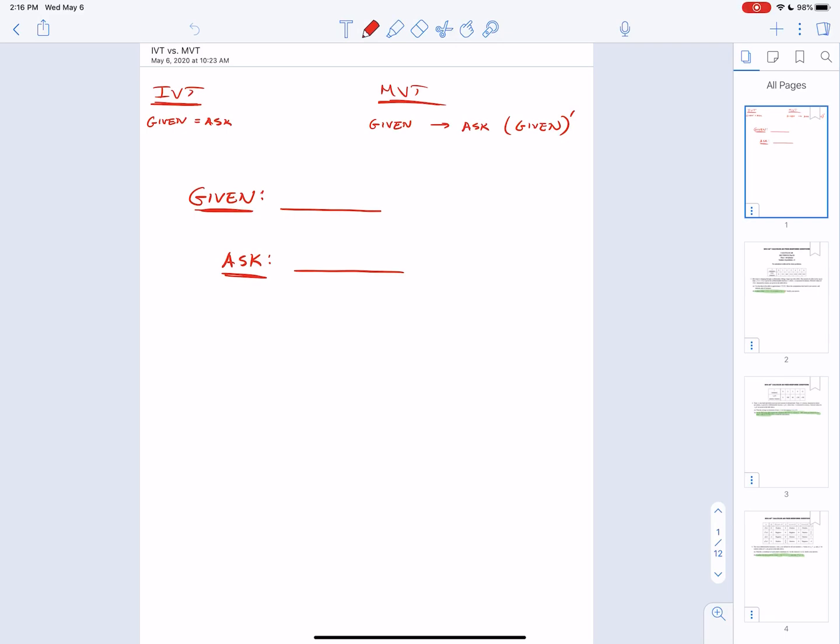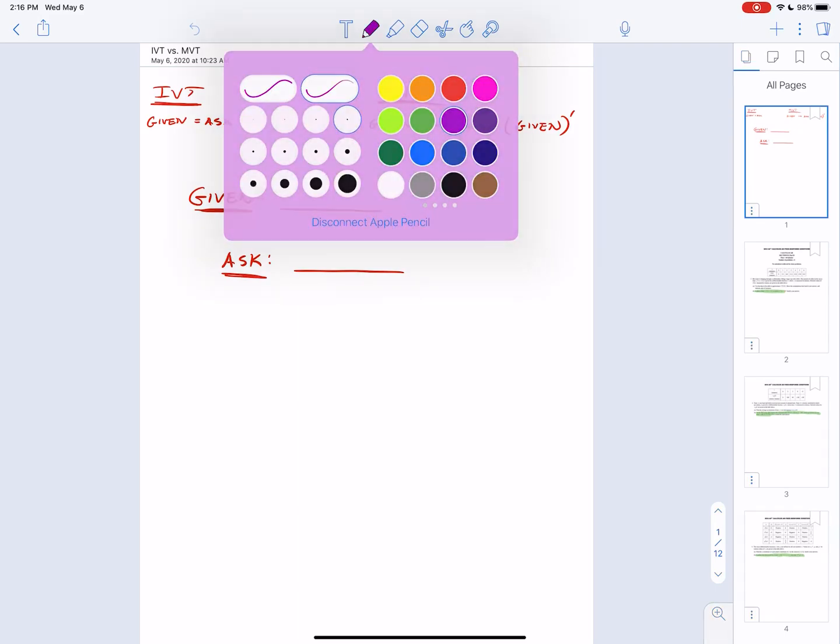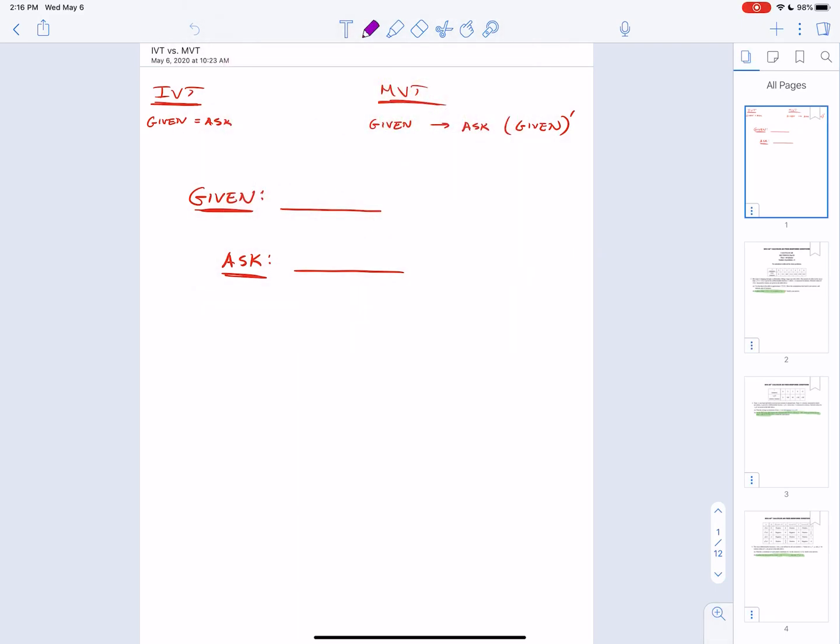But in short, and this might not make sense until later, but basically, if what they ask for is the same thing as what they give you, okay? So if what they're asking for is what they give you, you're going to use IVT. Now, if they're asking you for the derivative of what they give you, you're probably going to lean towards MVT. Okay? It'll make a lot more sense once I actually do some problems.